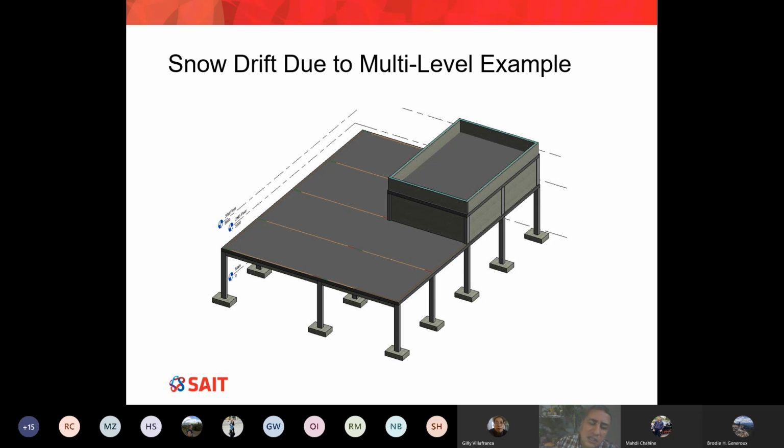You can see a 3D picture of a building with one main floor and then a second floor, but the second floor doesn't occupy the entire area of the building. And on the top of the high roof, there is a parapet going around. Okay, so this is the 3D picture, and then I'm going to show you the plan view.